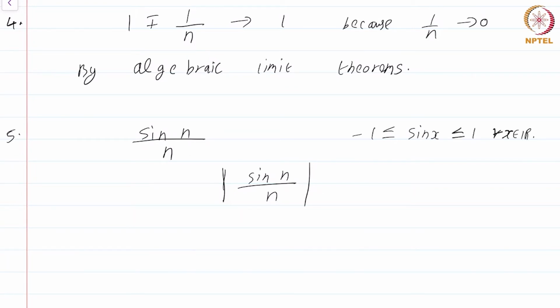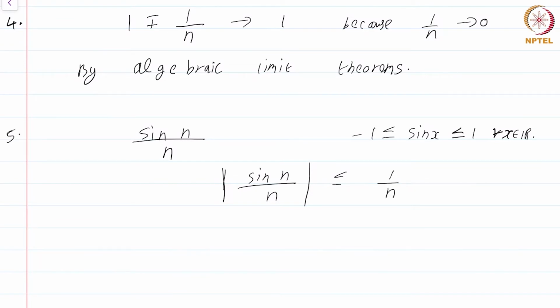This comes from the basic properties of the sine function. We will rigorously define the sine function, the cosine function, the logarithm, and the exponential in a later module. But for the time being, you can just take this for granted. You have known this all the way back from 8th or 9th standard. So minus 1 is less than or equal to sin x is less than or equal to 1 for all x in R. Okay. So certainly this is going to be less than or equal to 1 by n.